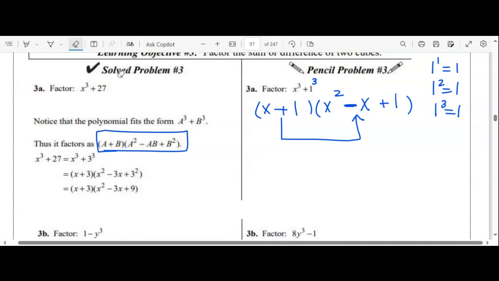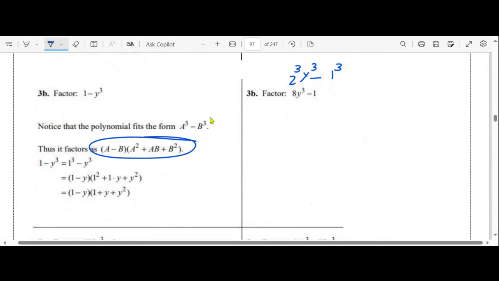Let's go to the next one at the bottom here. 8 is what by what? 2 to the power of 3. And 1 is also a power of 3. That's a difference of cubes, right? So we follow the rules. What's the rule? We're going to take the original. What's the original one? 2y, right? And put here 1, and it's negative.